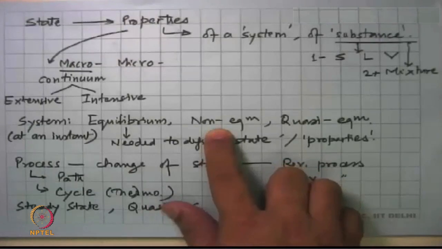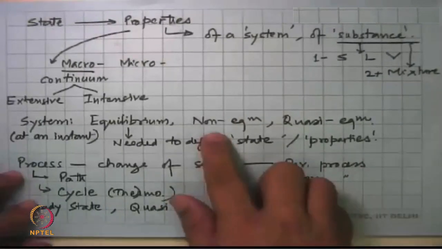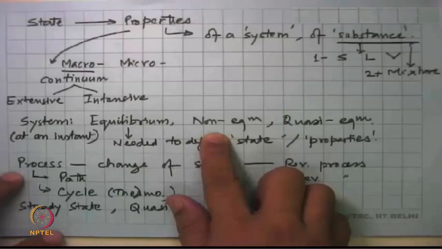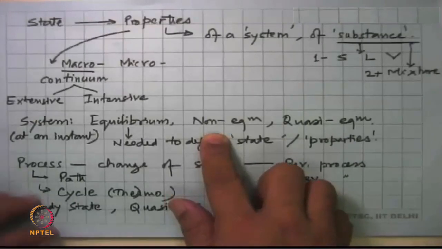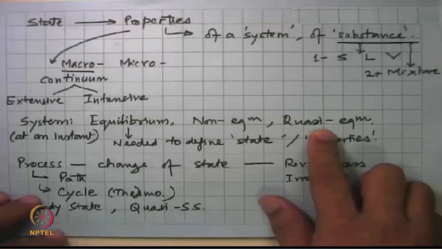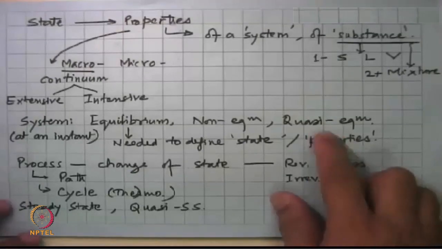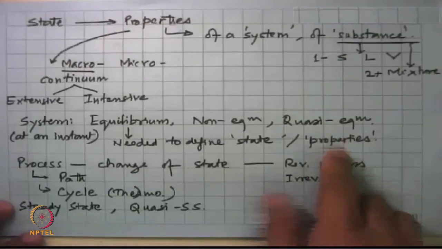And if it is slightly away from equilibrium and we want to still make an analysis, we said that non-equilibrium is too complicated, let's forget about it. For a short duration of time, I will assume this to be in quasi-equilibrium. So it is not strictly equilibrium, but we model it as being in equilibrium and then assign properties and do all the calculations.